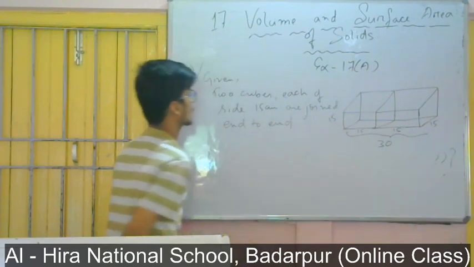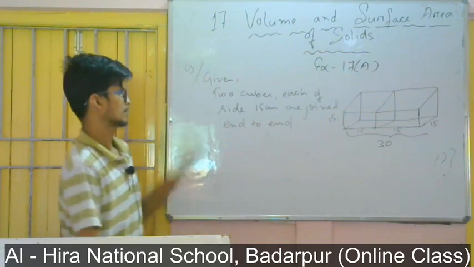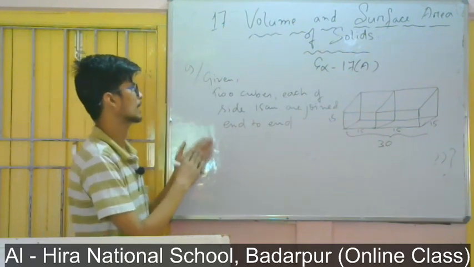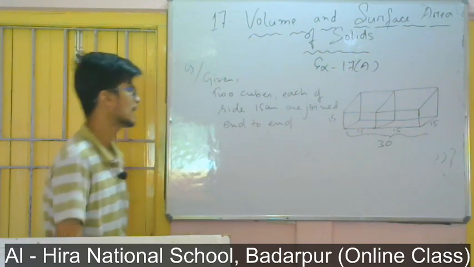It is there in the book. I am directly writing this line, and then no need to write anything more. 2 cubes each of side 15 centimeter are joined end to end.